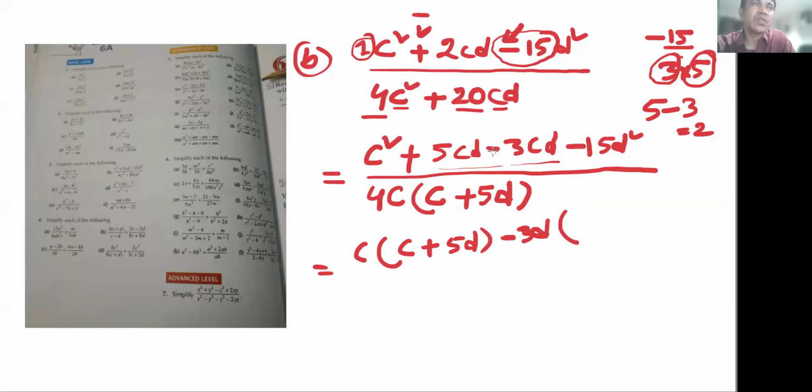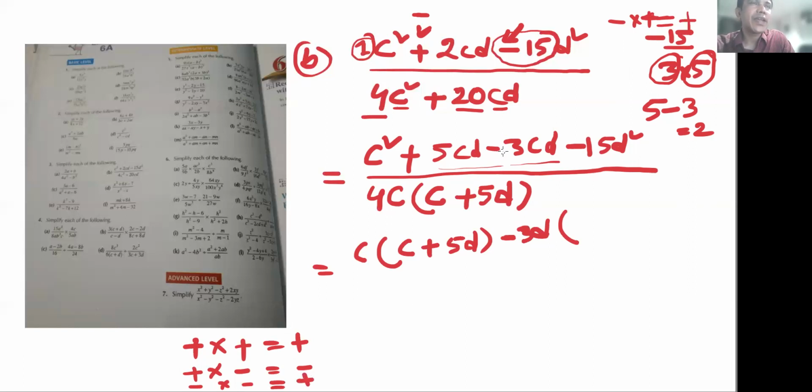Minus into minus equals plus, plus into plus equals plus, plus into minus equals minus.